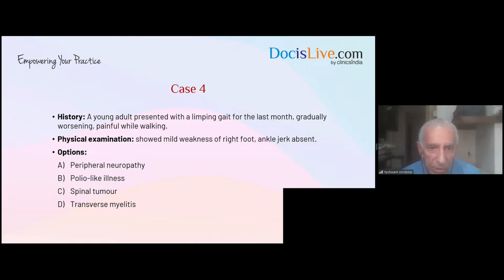He is developing this over a month and he has an ankle jerk absent. Okay, and there is a mild weakness of the right foot. Now, your options are peripheral neuropathy, polio-like illness, a spinal tumor, or a transverse myelitis. Your time starts now.